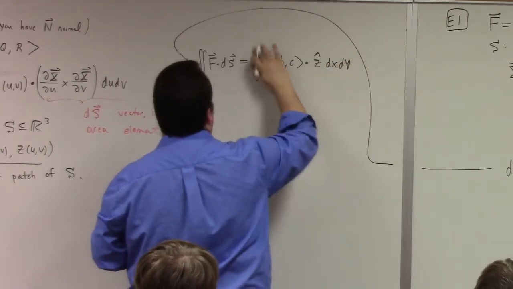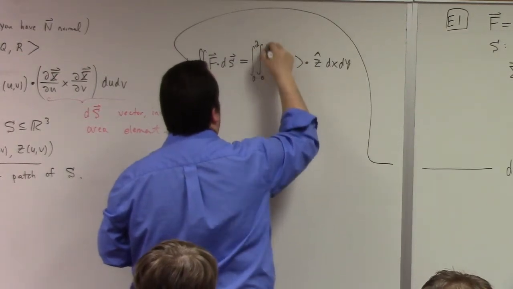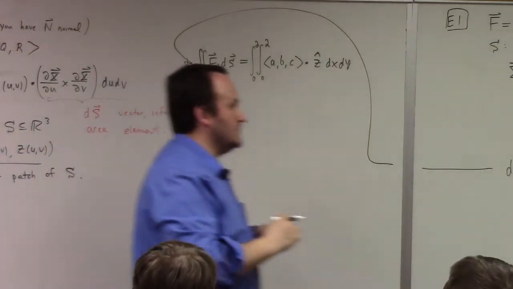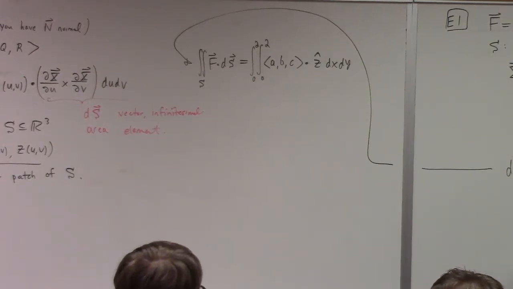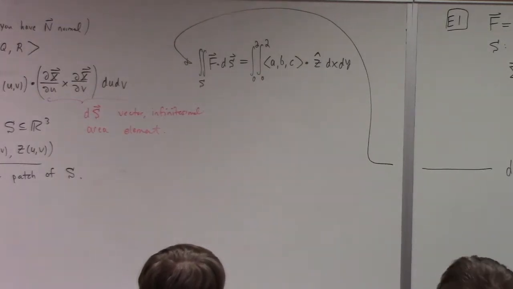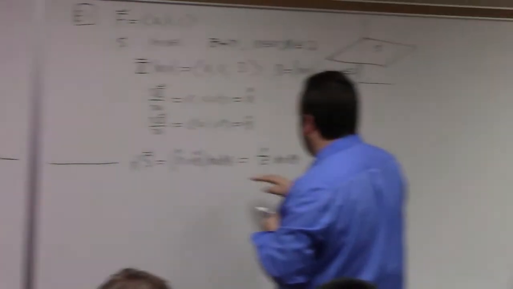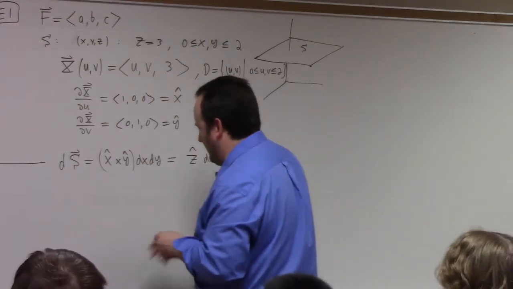Now this is the integral from 0 to 2, the integral from 0 to 2. I'm sorry, guys. I didn't mean to put dx and dy here. I meant to put du dv.